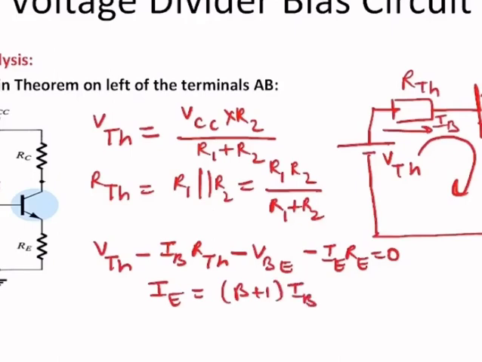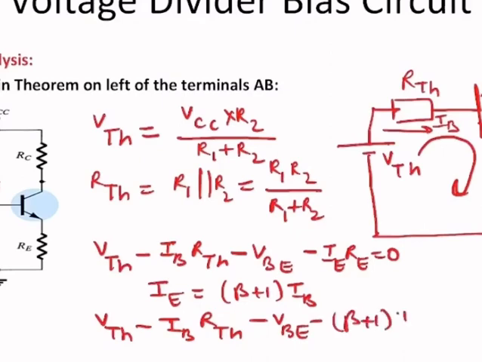When you put this, VTH minus IB RTH minus VBE minus (beta plus 1) into IB RE is equal to 0. You can compute the value of IB, that would be VTH minus VBE divided by RTH plus (beta plus 1) into RE. This is the base current.